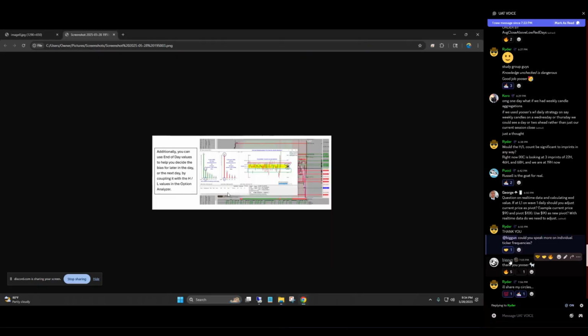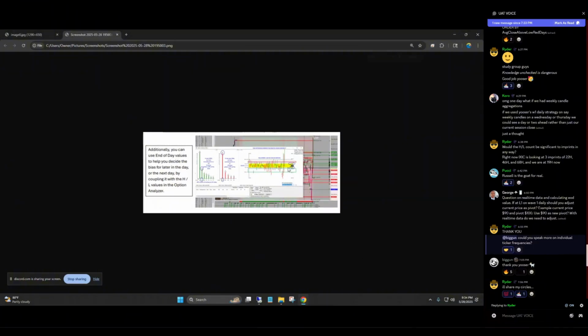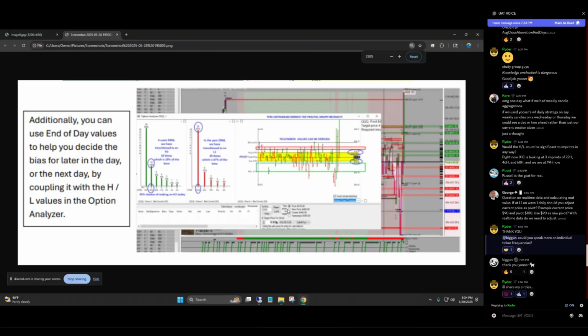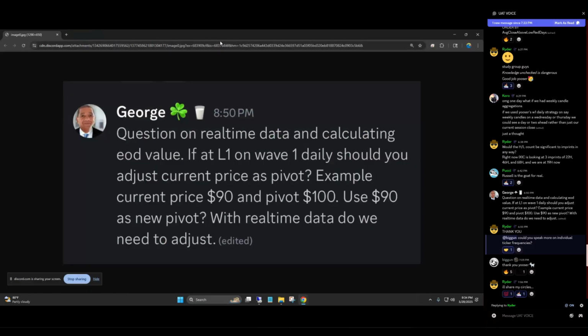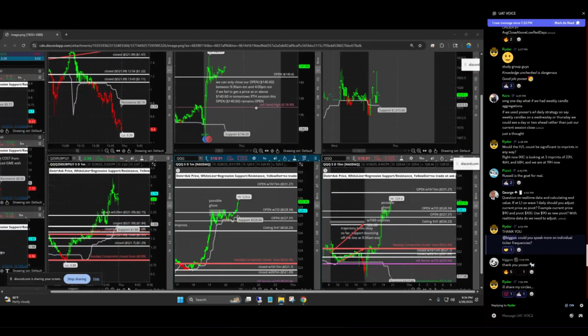This isn't the one he's talking about, but this is an example. When you're clicking these buttons down here, these blurry buttons, are we using current or yesterday's?